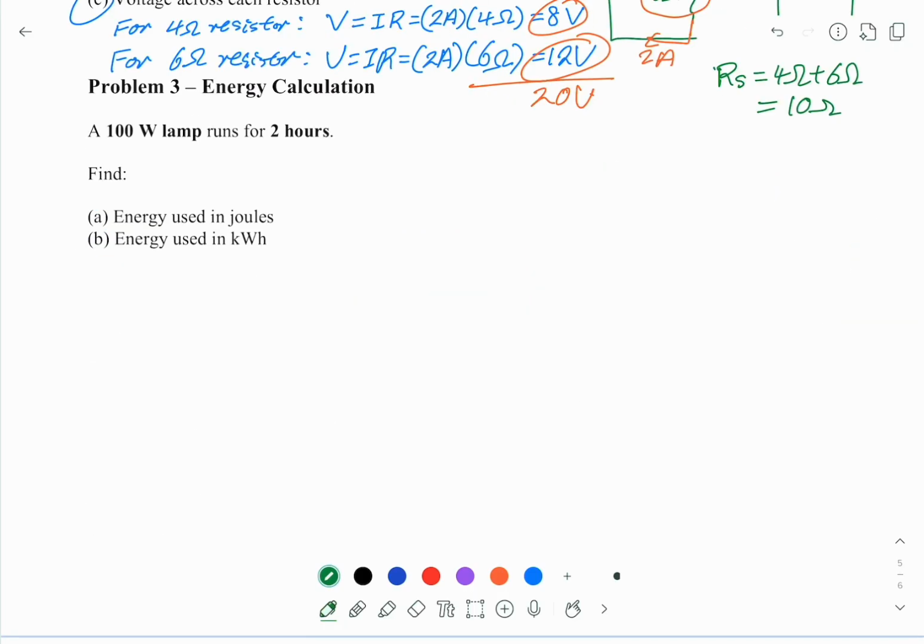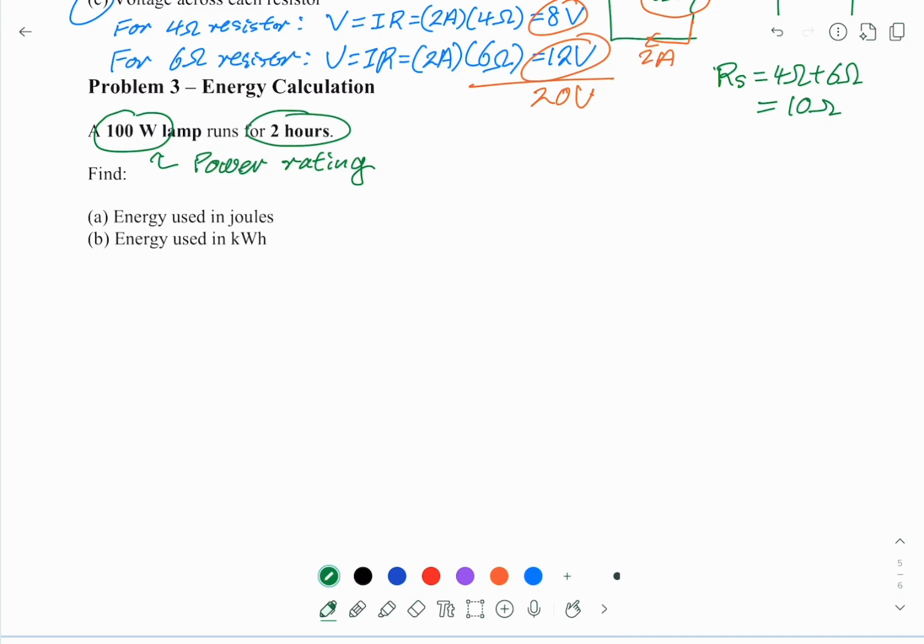Number 3. If a lamp is 100 watt, this is again what we call the power rating of this electrical appliance, and it runs for 2 hours. So this is of course the time. So what is the energy used in joule?